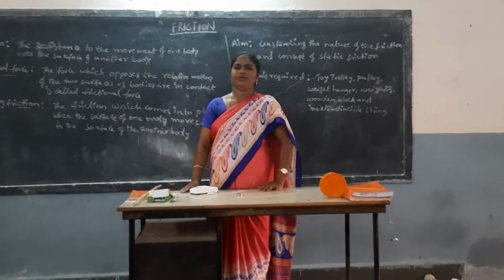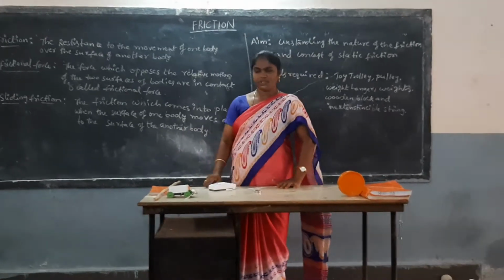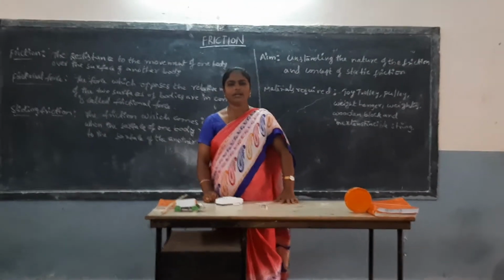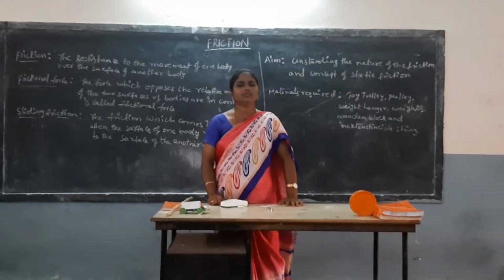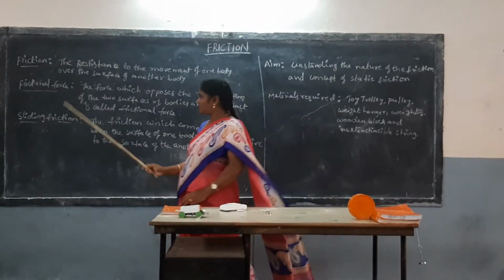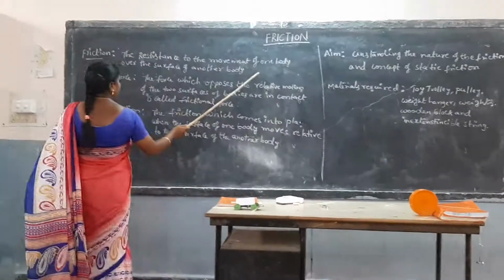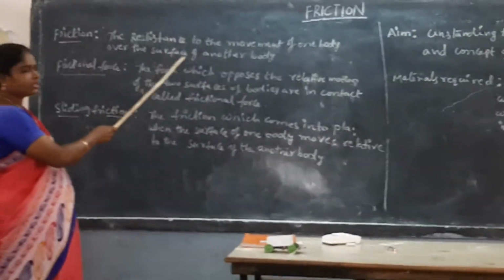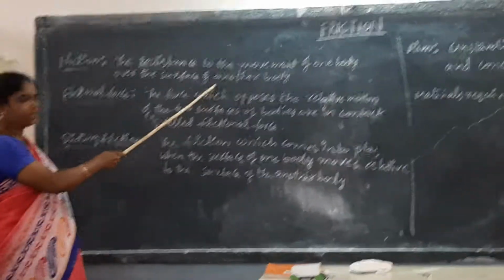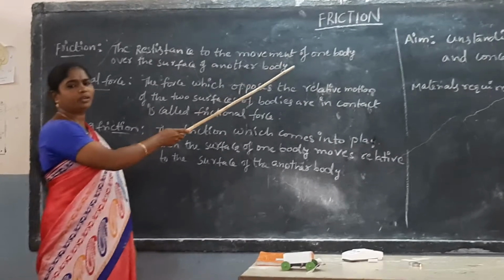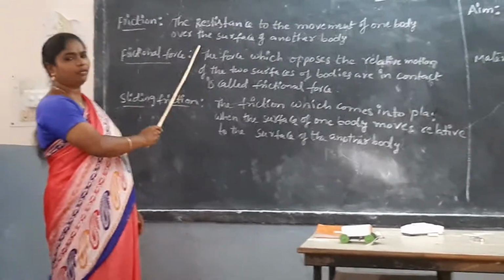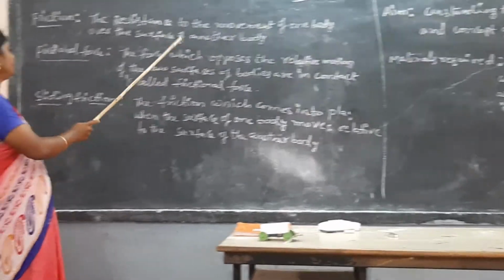In the previous video, we discussed friction, frictional force and sliding friction. What is friction? Friction means the resistance to the movement of one body over the surface of another body.